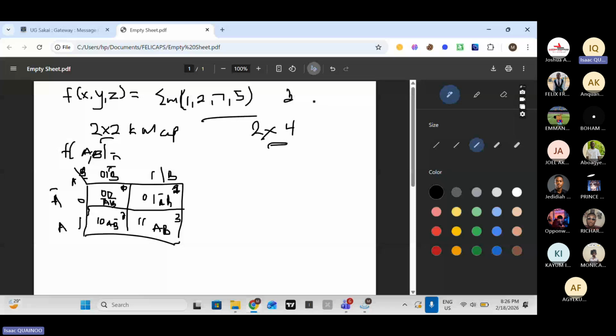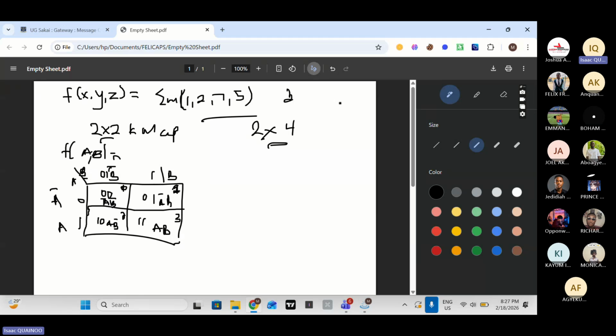If you're having 2 variables, you have 4 cells because 2 raised to the power 2 is 4. If you are having 4 variables, you have 16 cells because 2 raised to the power 4 is 16. So to know the number of cells that you need to address that function, you just look at the number of variables and then you take 2 raised to the power the number of variables contained in the function.